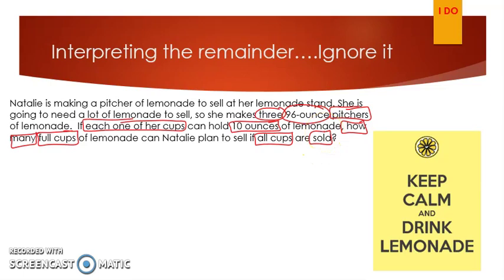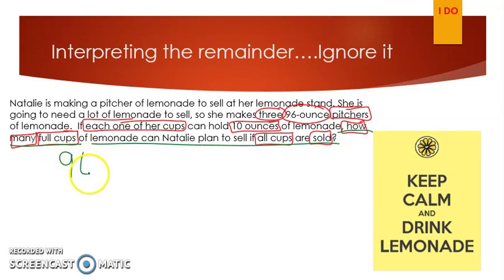So our question here is we want to know how many full cups of lemonade can Natalie plan to sell if all the cups are sold. Now, I threw in a two-step problem here, but I think that we can do it. So we know, first of all, that she makes 3 96-ounce pitchers of lemonade. So we don't just have 96 ounces, we actually need to multiply 96-ounce pitchers times 3 because we have 3 of them.